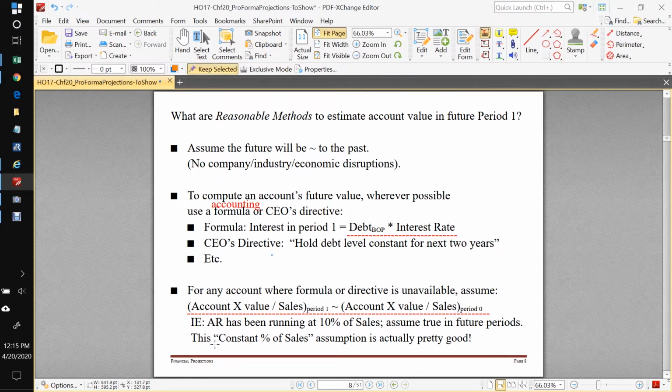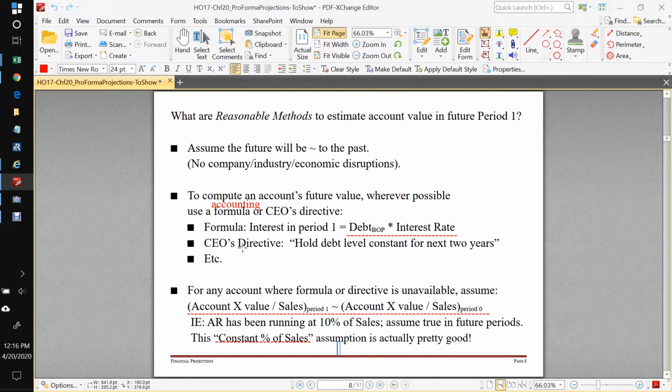This assumption is what's called a constant percent of sales assumption. And as you're about to see, it's a really good assumption for balance sheet accounts as well as income statement accounts. Here's how we'd use it, for example. Accounts receivable has been running at about 10% of sales, so we're just going to assume that going forward, whatever the sales are, accounts receivable is going to continue to be about 10% of that.